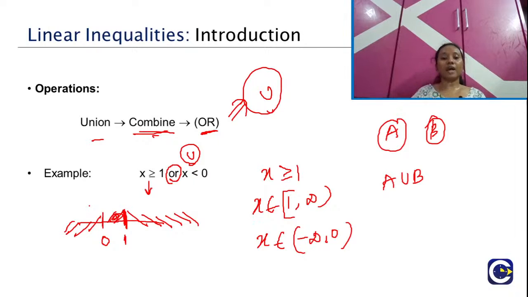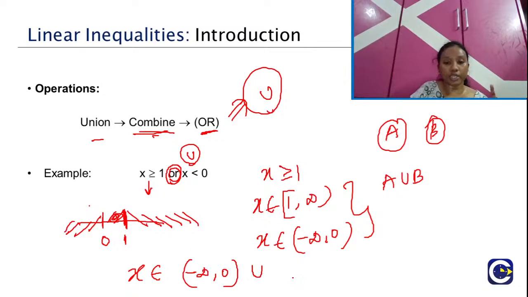As my operation is OR, which is a union, I can combine both solutions. My final solution of x here will be minus infinity comma 0 union 1 comma infinity, which means both are considered, as the operator between these two inequalities is union.